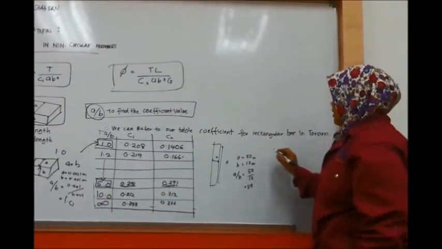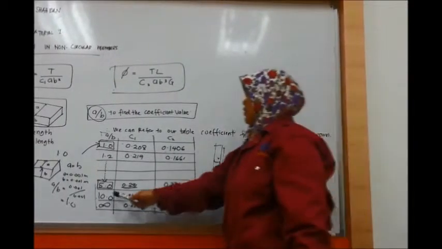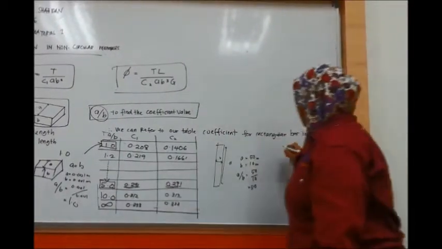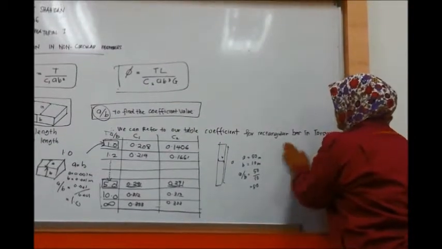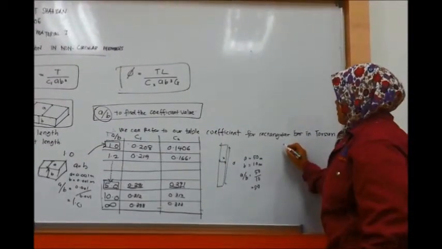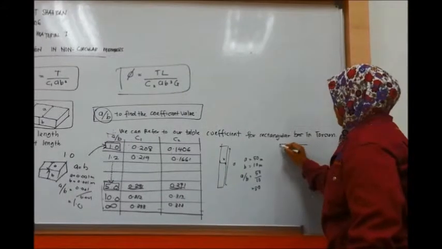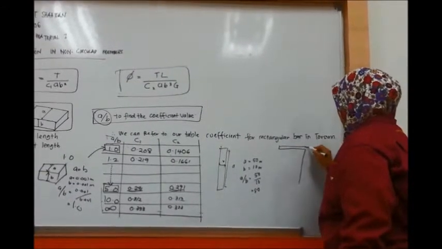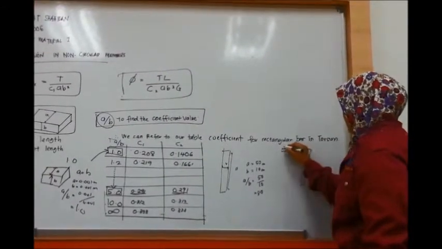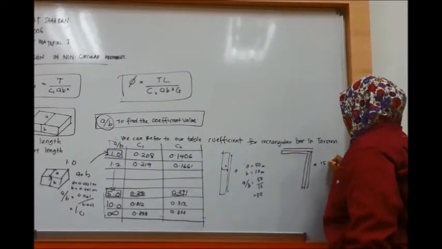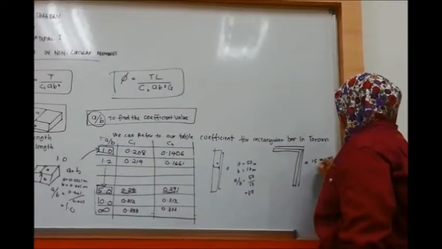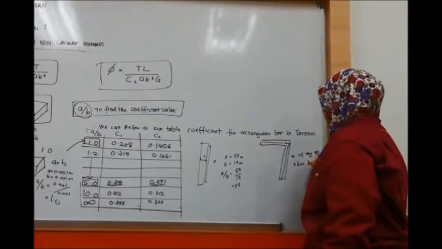Okay, so also the same with ratio 10.0, where a is very long compared to b.